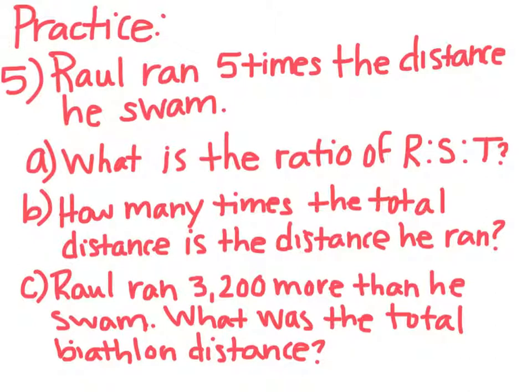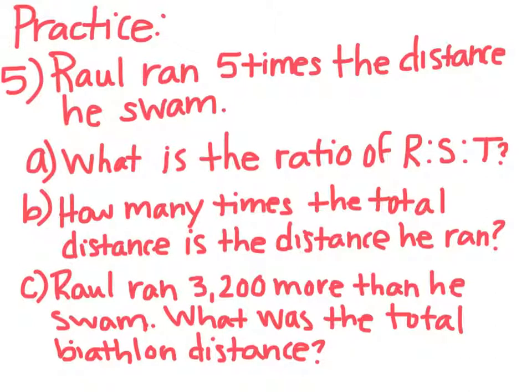And then finally, part C asks, Raoul ran 3,200 feet more than he swam. What was the total biathlon distance? Okay, this is a little bit tricky because it's not telling you that he ran 3,200 feet or that he swam 3,200 feet. It's saying that he ran 3,200 feet more than he swam.